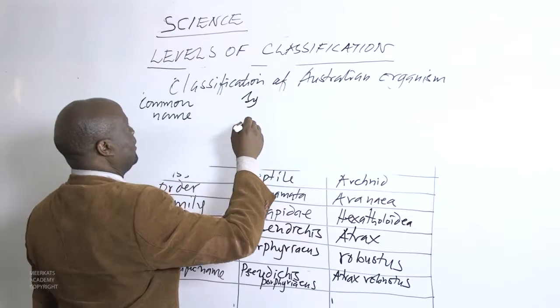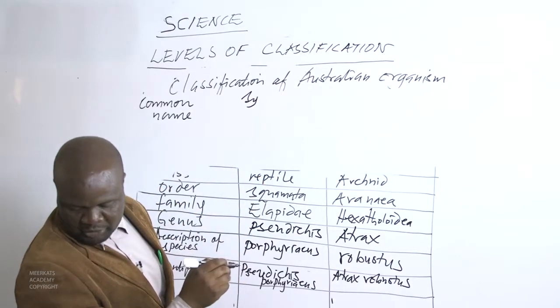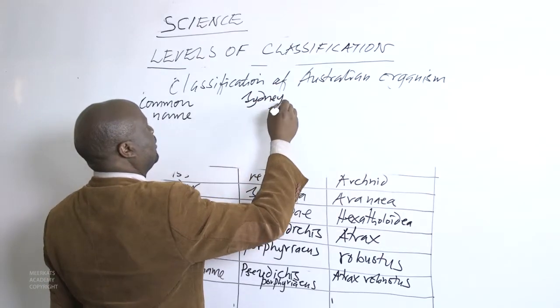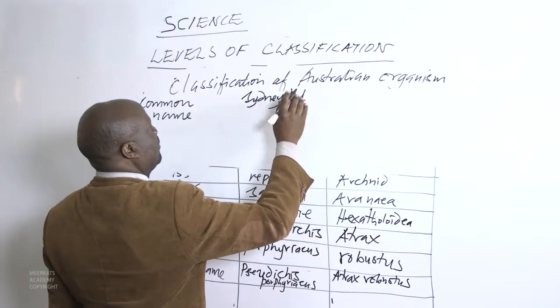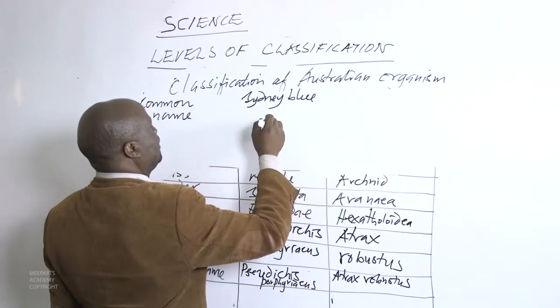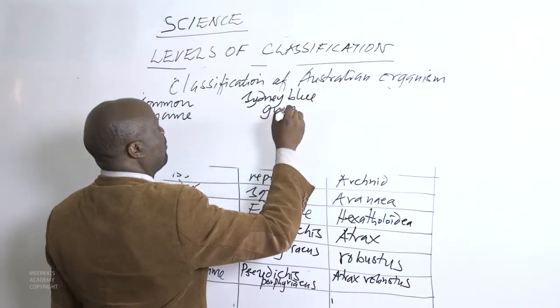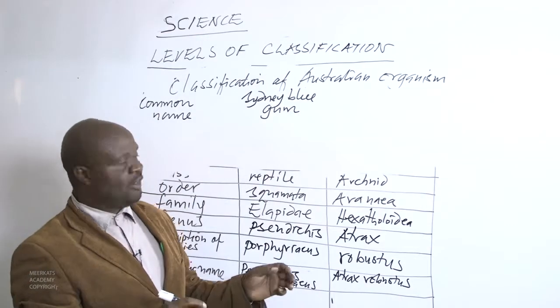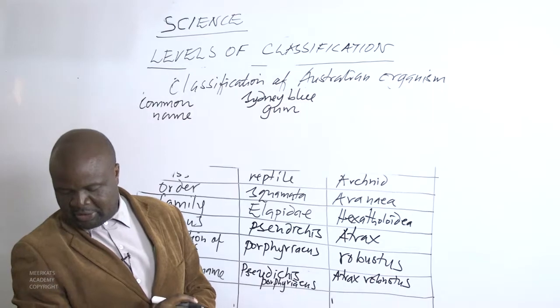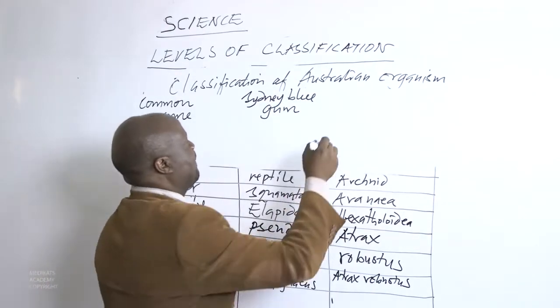This time we want to identify Sydney blue gum, and classify it together with another plant called grey ironbark.